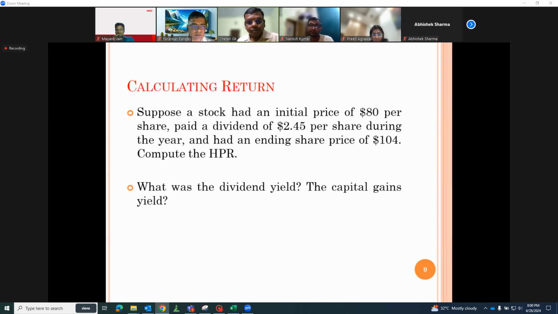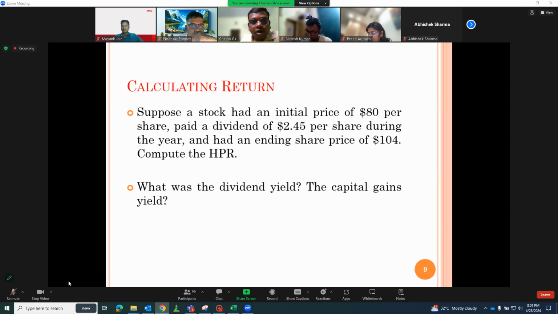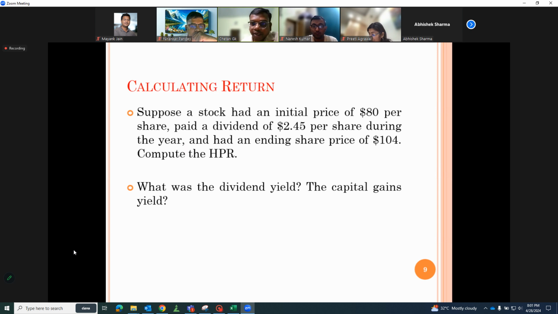Can you now bifurcate dividend yield and capital gain yield? Quickly tell me. Suppose a stock had an initial price of $80 per share, paid a dividend of $2.45 per share during the year, and had an ending share price of 104. Compute the HPR. Can you tell me how much is the dividend yield and how much is the capital gain yield in this problem?